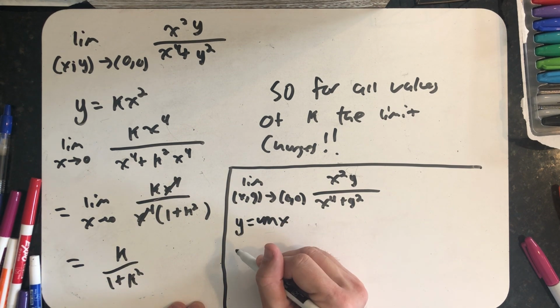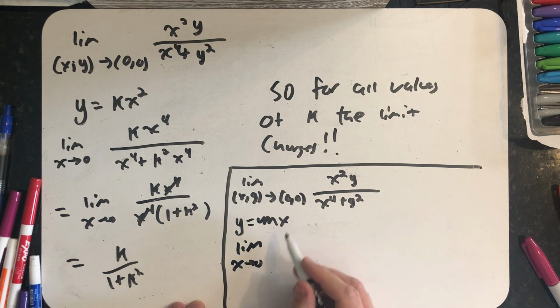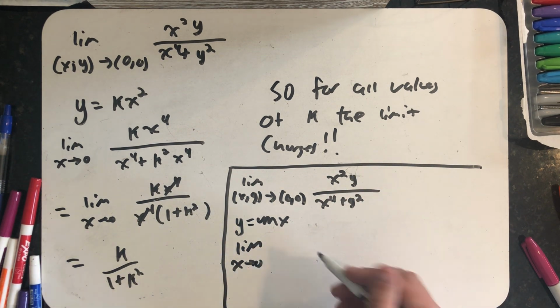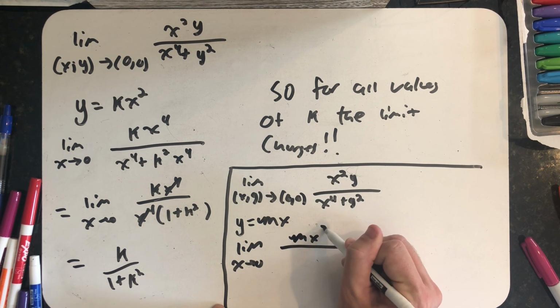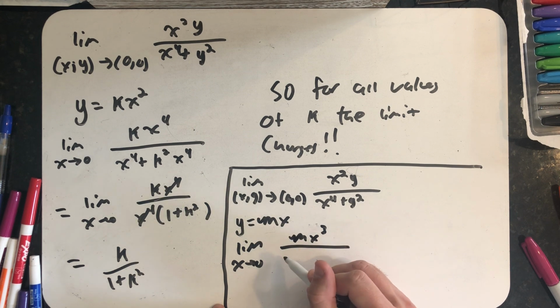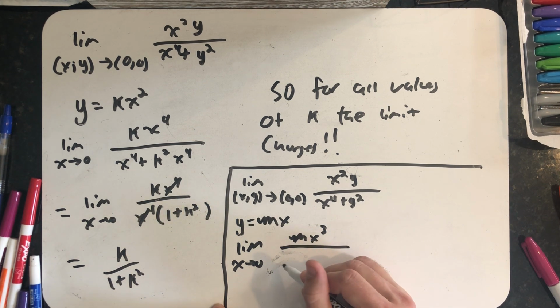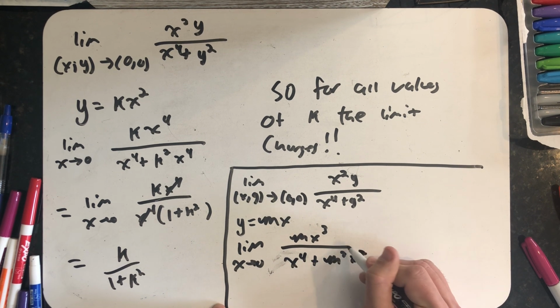Well, along this path, the same kind of thinking applies, right? If x goes to 0, so does y, so I'm getting closer to 0, 0, and my function becomes a one variable function, mx cubed on the top, and on the bottom, I end up with x to the fourth plus m squared x squared.